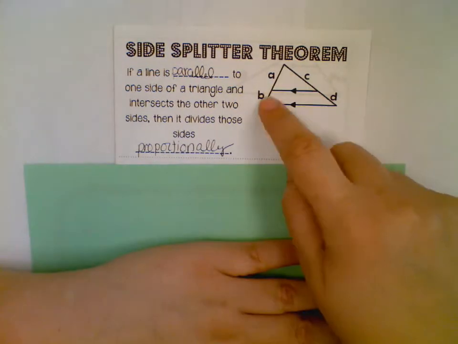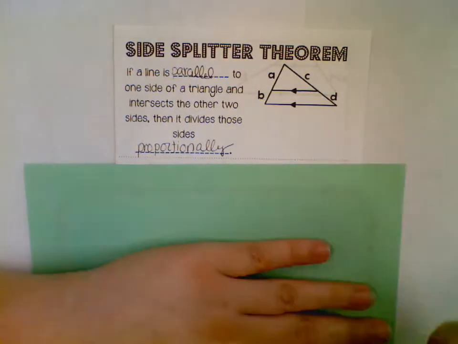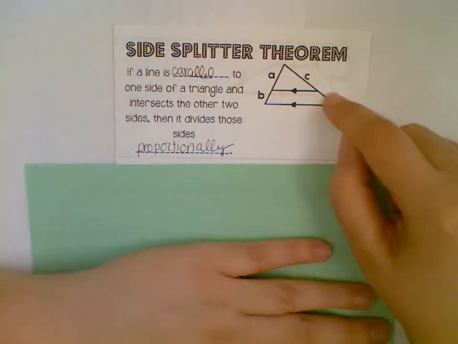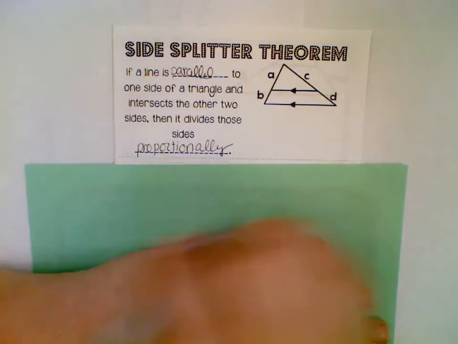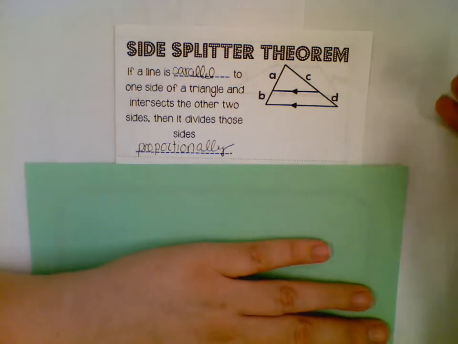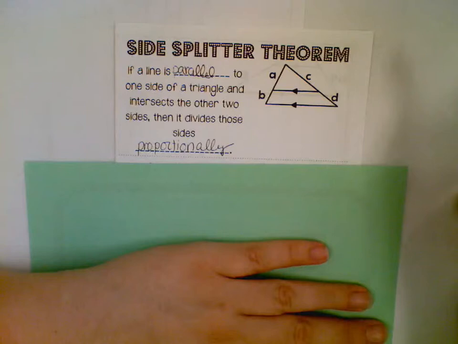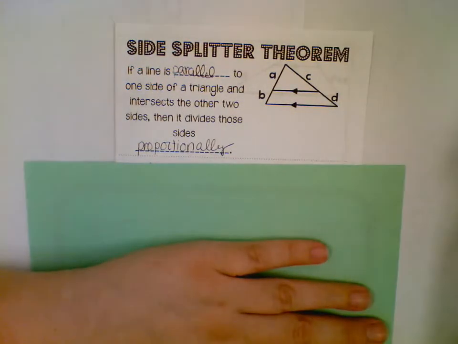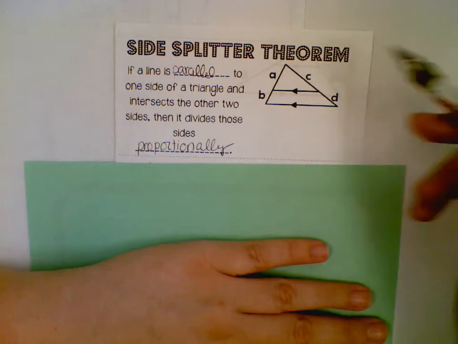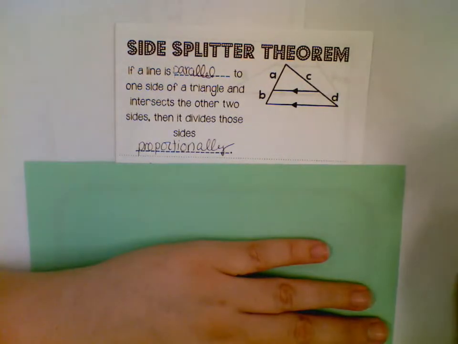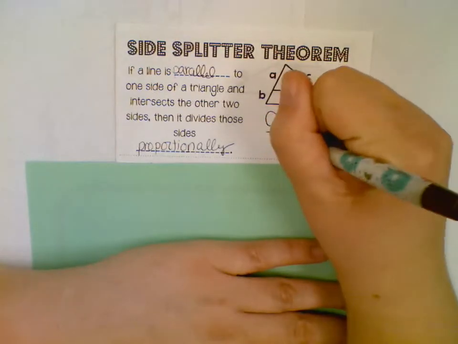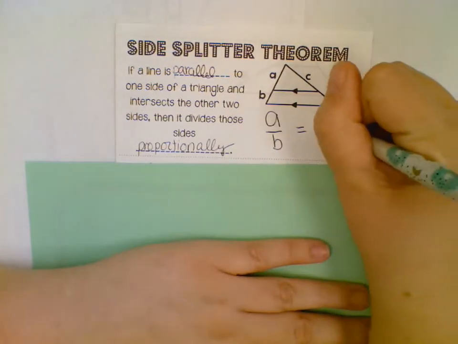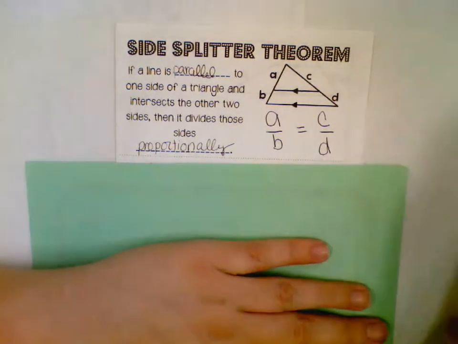And we've seen triangles look like this a lot this chapter, where we have the little triangle inside the big triangle, and we can write proportions to find their sides, and we check to see if they were similar, and they are. So those pieces of the sides of that big triangle end up being split so that those pieces are proportional and they make a proportion. So the proportion is A over B is equal to C over D.